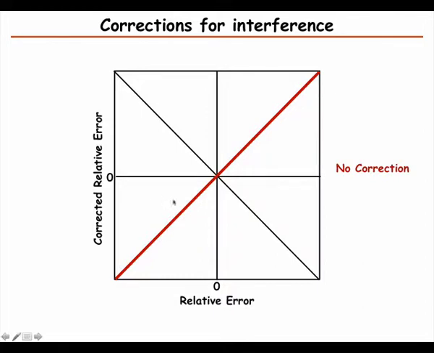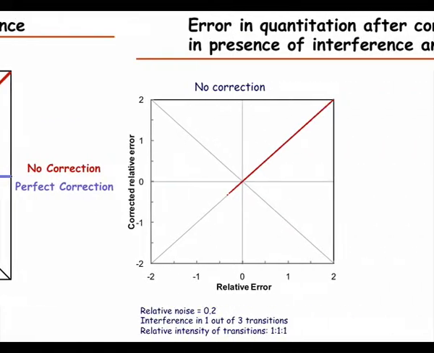If we have no correction, then the relative error before and after correction are going to be the same, so there's no change, and we would get the line here. If we do a perfect correction, whatever our relative error is, the corrected relative error will always be 0. This is of course what we strive for, but as you see, we're not going to reach that perfectly, but we're going to try to get as close as possible.